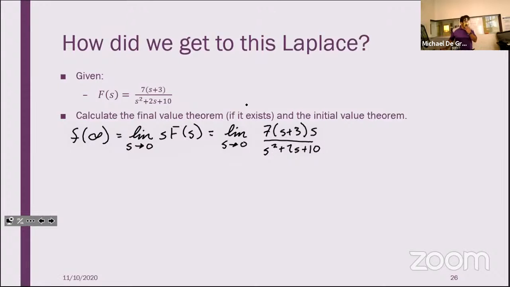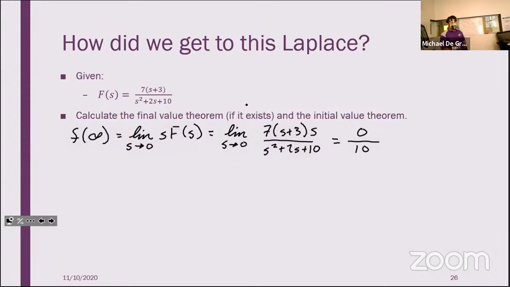Okay. So I can multiply through if I want. I can make that 7s squared plus 21s, but I don't really need to. So if I take the limit of this function as s goes to 0, it gives me 0 on the top and 10 on the bottom.